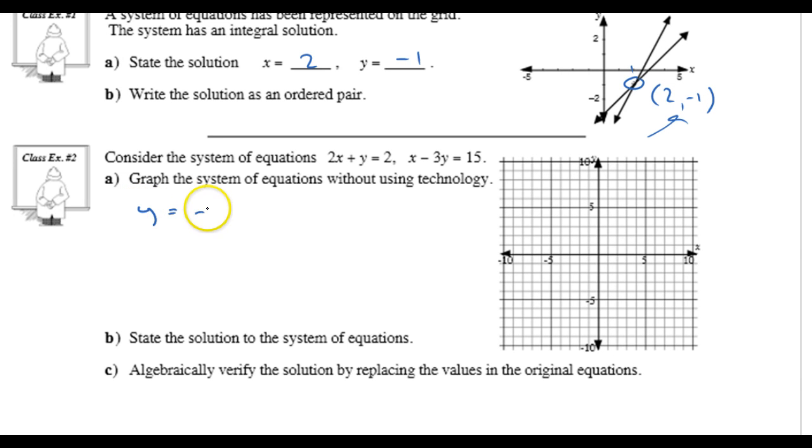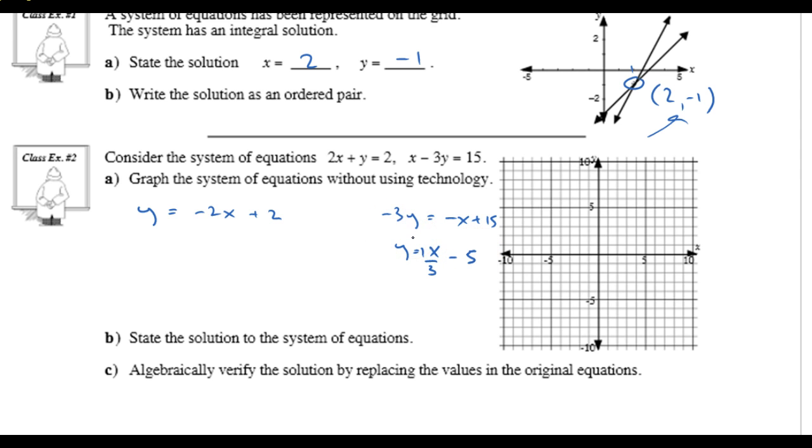So y equals negative 2x plus 2 for the first one, and negative 3y equals negative x plus 15, so y equals 1 over 3x, plus, I should say minus 5, because I'm dividing everything by negative 3 there.